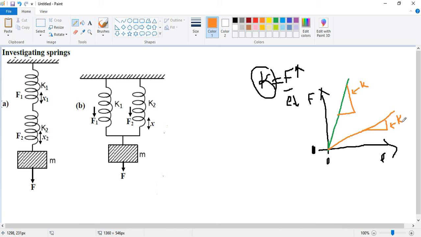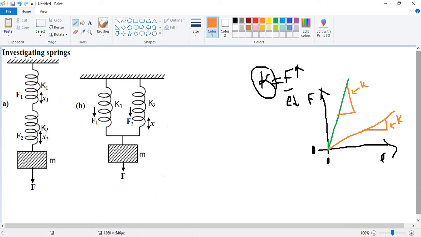The extent to which a material stretches will also depend on how stiff the material is. Some materials are extremely stiff, some materials are less stiff. Two springs can be made from the same material but of different masses and density, even if they have the same length.